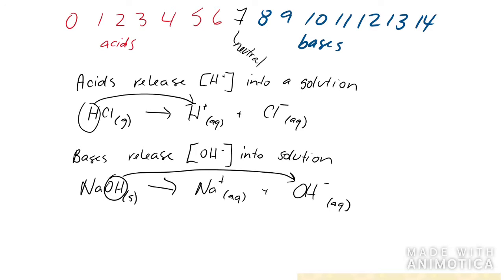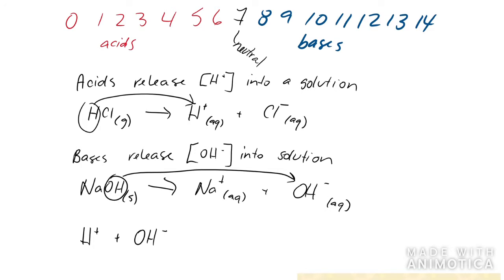This is really important because if you think about it, if the acid is releasing hydrogen and the base is releasing hydroxide, when we put those together, what do you think we make? Remember, with our acid-base kit in our classroom, if we spill an acid, we add a base to neutralize it. And if we spill a base, we add an acid to neutralize it.